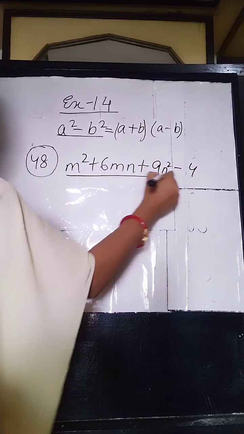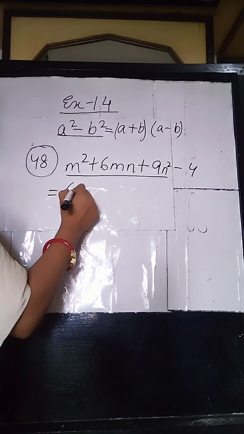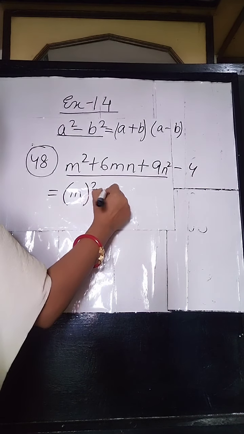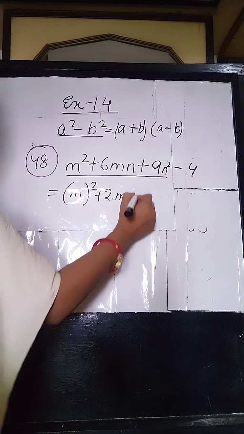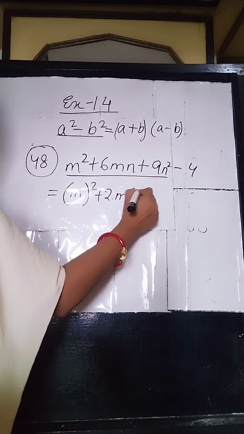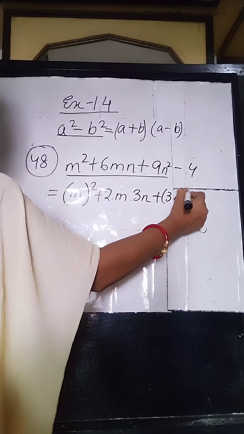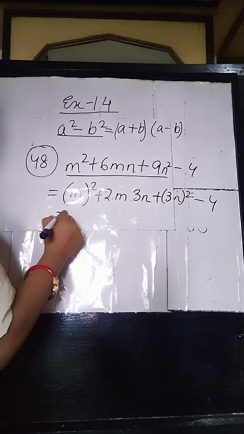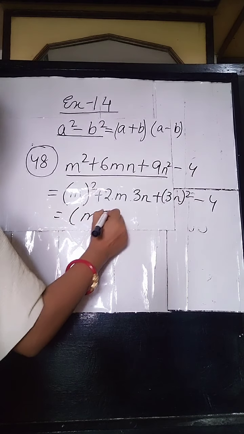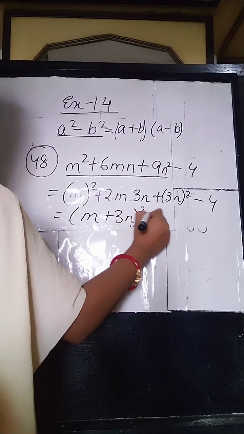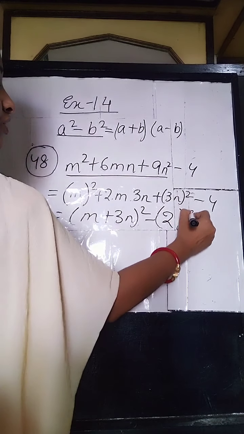Again we will deal with the first three terms. So m whole square plus 2 into m into 3n, since 9n square means 3n whole square. So this will be m plus 3n whole square minus 4, and 4 means 2 whole square.